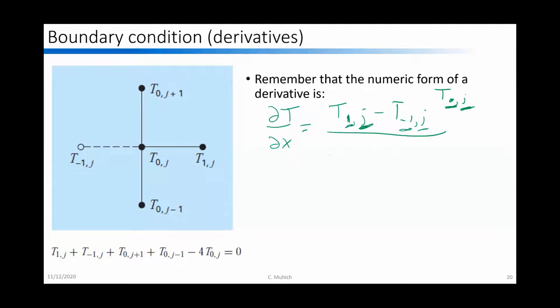These j terms here are covering for any point along x, along y is 2 delta x. And we can rearrange this, of course, to say that my point at that imaginary node is going to be t1 comma j minus 2 delta x partial t partial x, or put this another way, because delta t delta x is 0, this is t1 comma j.